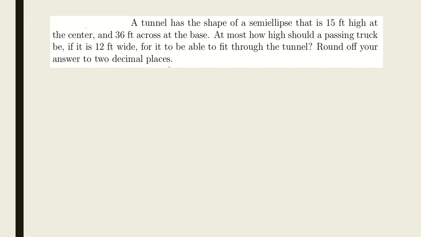A tunnel has the shape of a semi-ellipse that is 15 feet high at the center and 36 feet across the base. At most, how high should a passing track be if it is 12 feet wide for it to be able to fit through the tunnel? Round off your answer to two decimal places. In this case, we need to situate the problem carefully.